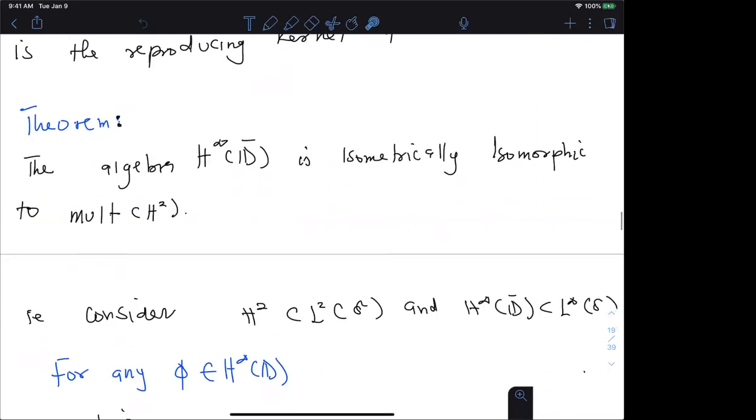Now, the algebra H infinity of the closed disk, that is the set of all bounded holomorphic functions on the disk, is isometrically isomorphic to the multiplier algebra on H2.